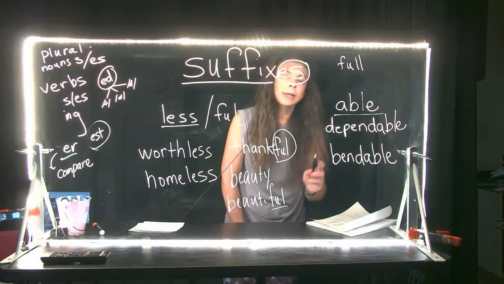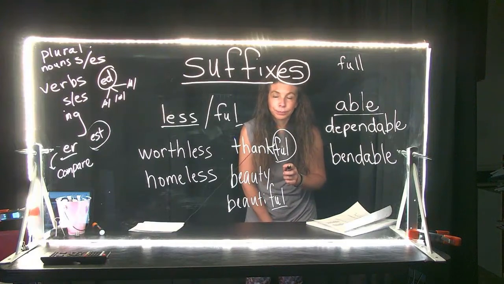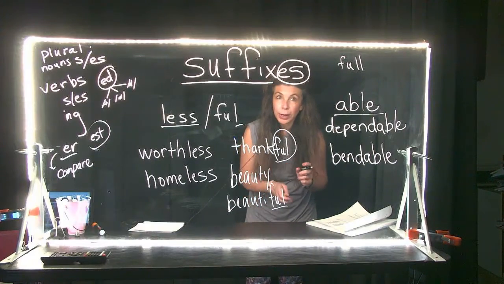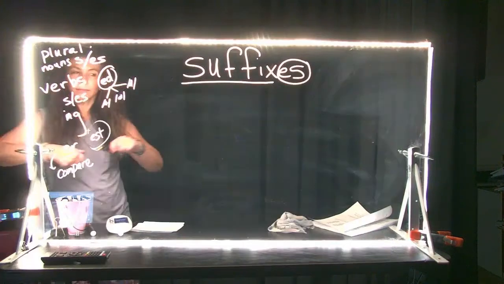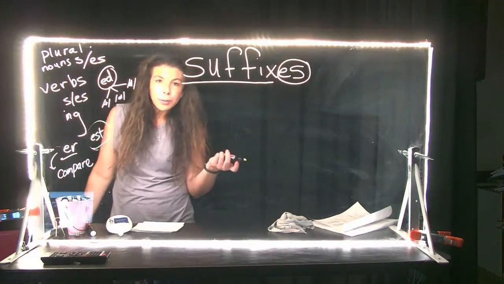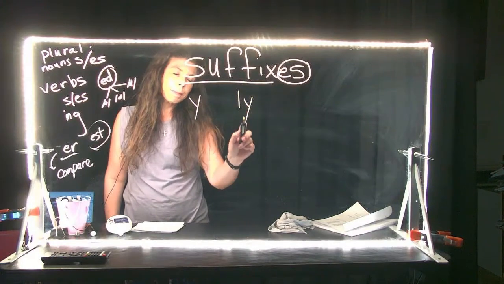So able means you are able to do something. Two more, Y and ly.